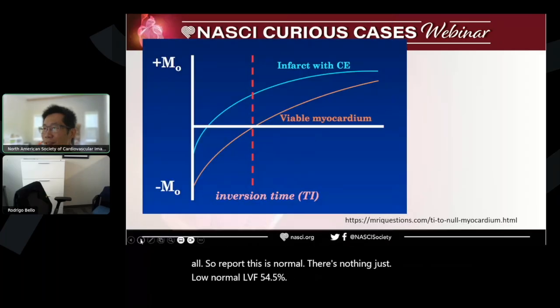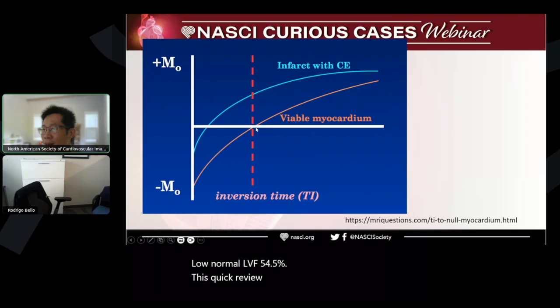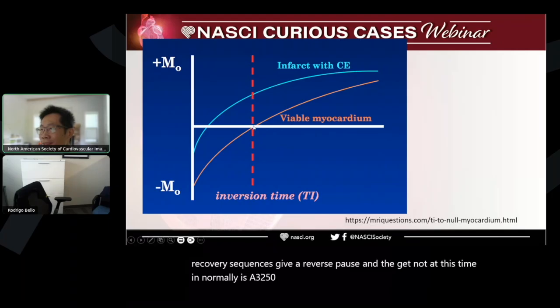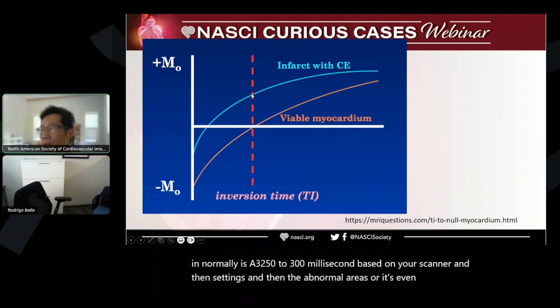So just a quick review of the TI. Inversion time, this is when you have an inversion recovery sequence, you give a reverse pulse, and the myocardium gets nulled at this timing. Normally it is 250 to 300 milliseconds based on your scanner and settings. And then the abnormal areas where it's infarct or inflammation have high signal.